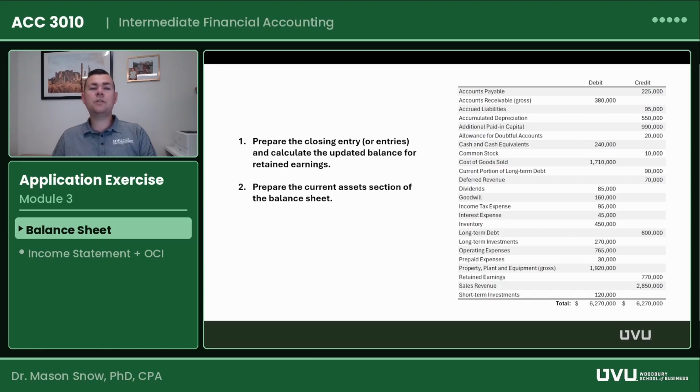So what I want you to do is prepare a single closing entry to calculate that updated balance for retained earnings. You could do this in multiple journal entries, but in my solution, I'm going to present one single summary closing entry. After you do that, I want you to prepare the current assets section of the balance sheet. As you do this, I want you to comb through each of these accounts one at a time.